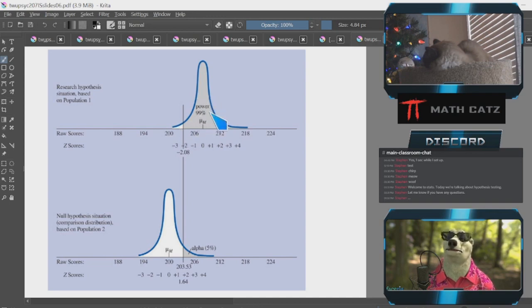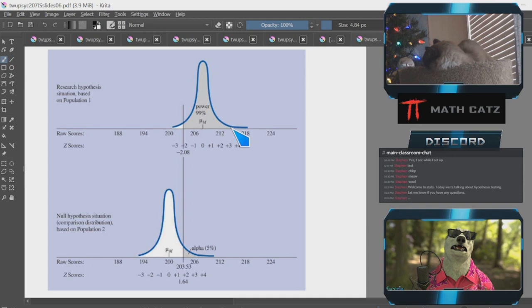The power is much bigger. Because it drops down so fast, there isn't much to catch it on the left to qualify as a type 2 error occurring. My chances of a type 2 error are much less because I'm much more likely to get that raw score or beyond.